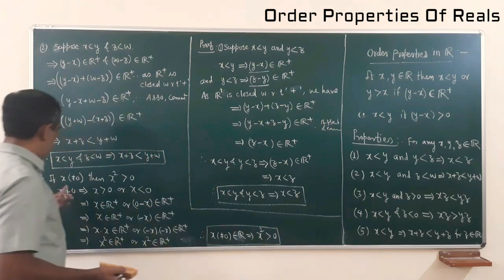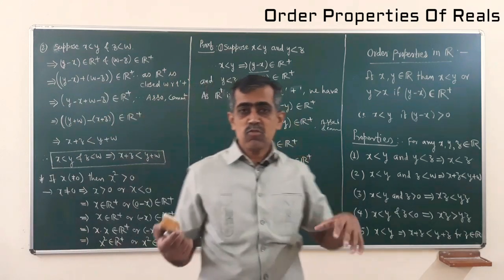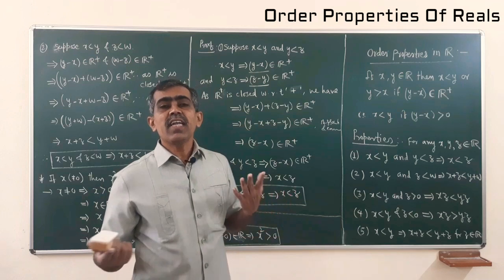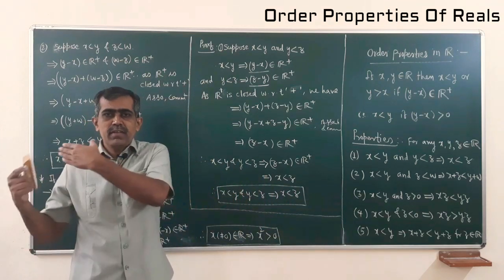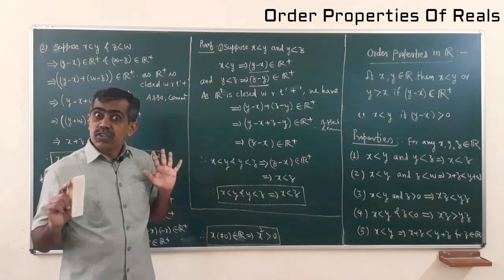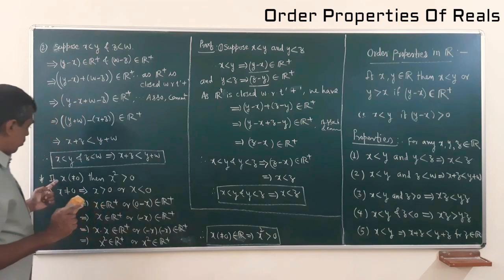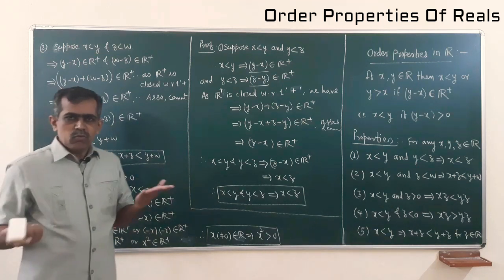So, if x is a non-zero real number, many times your teachers used to tell you that the square of any non-zero real number, if it is either negative or positive, is always positive. So, that is the proof. If x is 0, 0 square is 0.